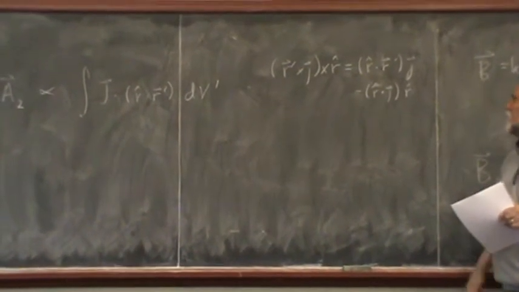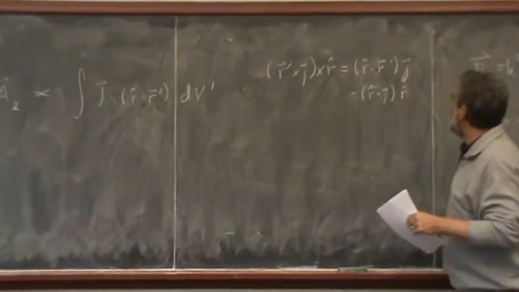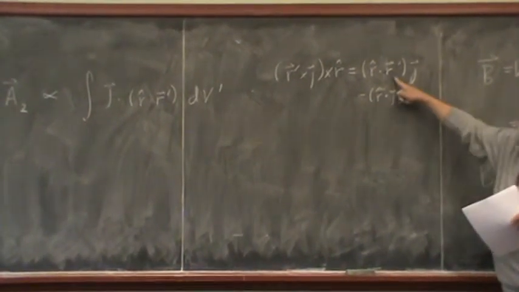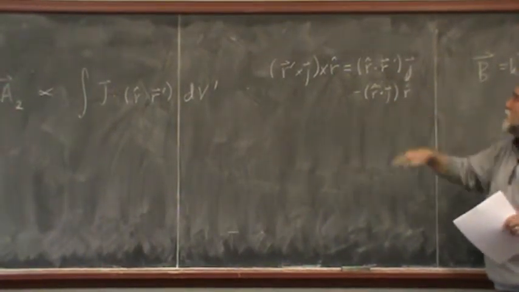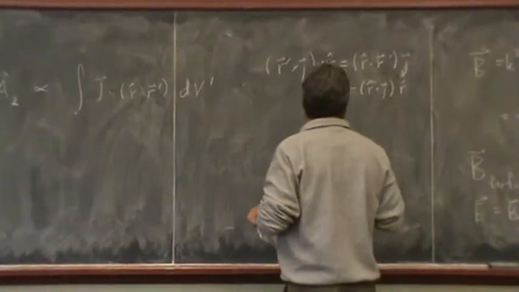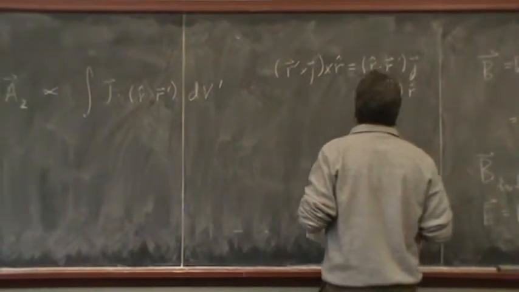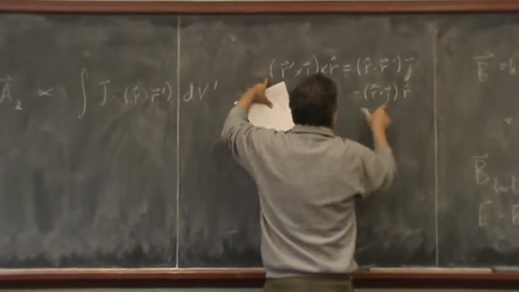But then you look at it and you say, but wait, that's not over there. I've just got r dot r prime. But I've got r dot r prime j. That's one of the terms over there, right? So r dot r prime j is equal to this plus this.